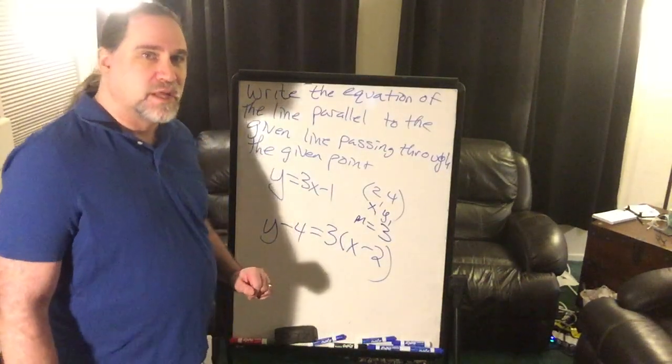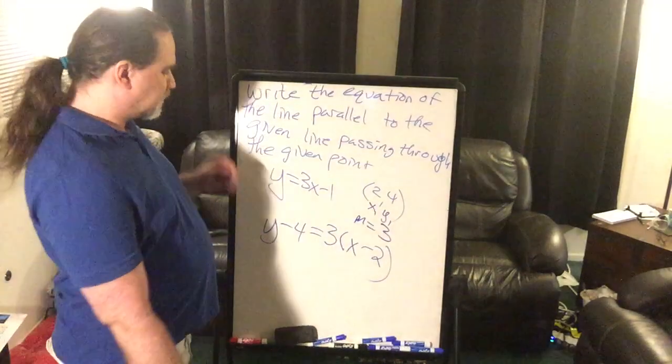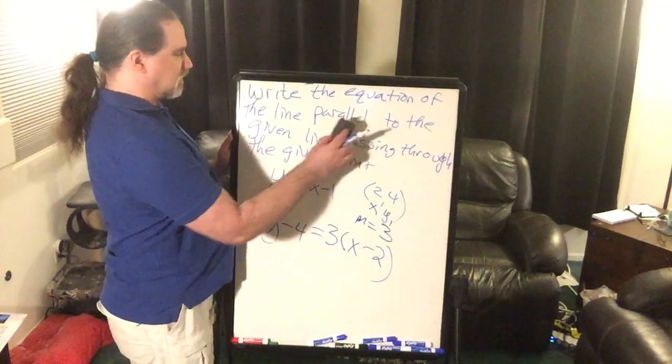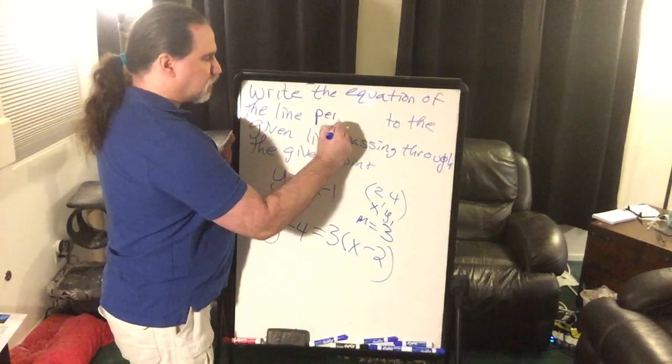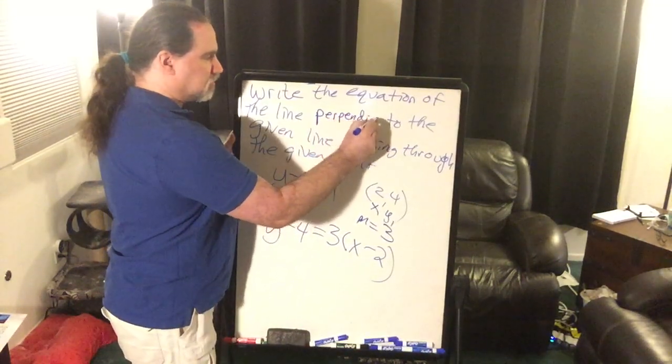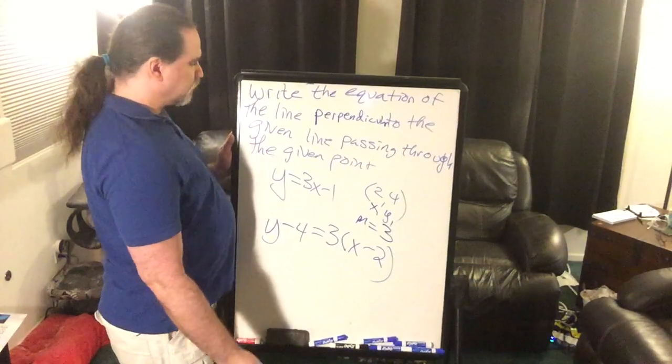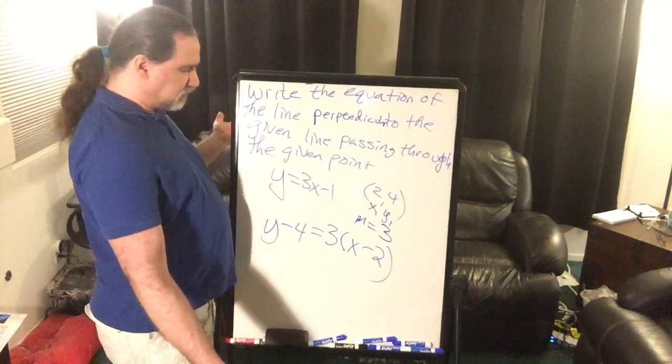Okay? The other thought they have is they might say, write the equation of the line perpendicular to the given line passing through the given point.